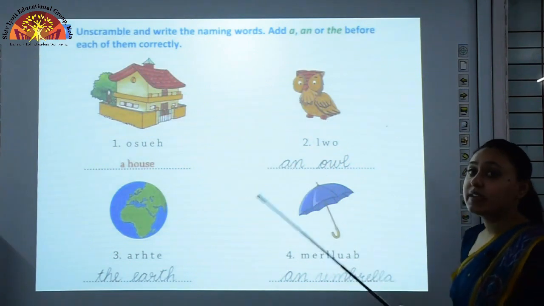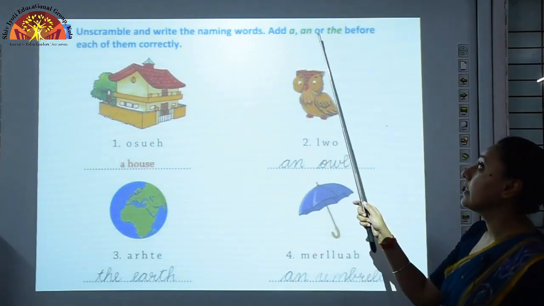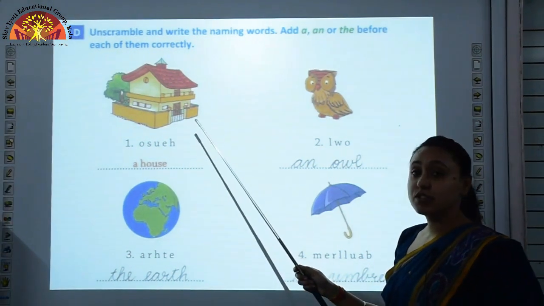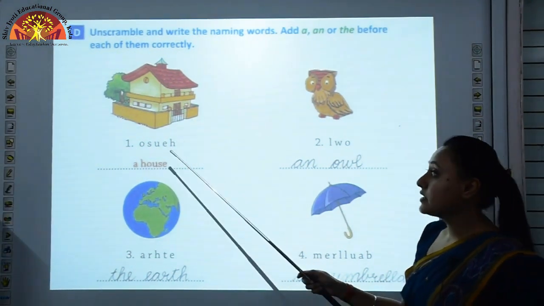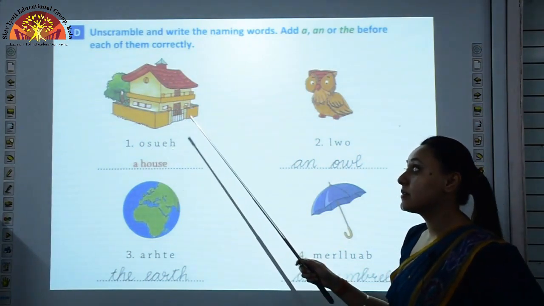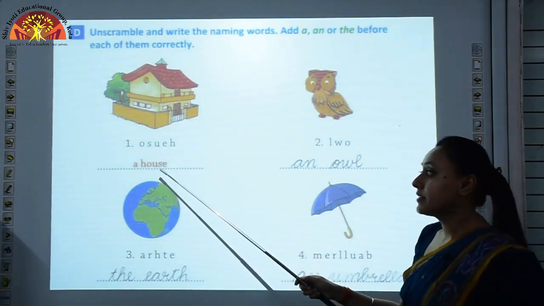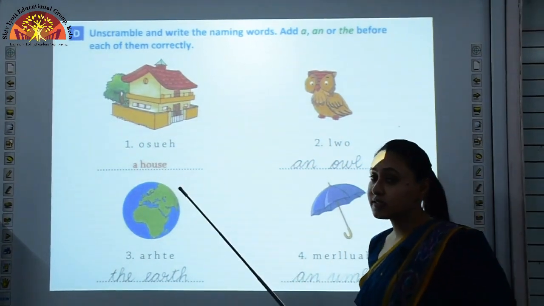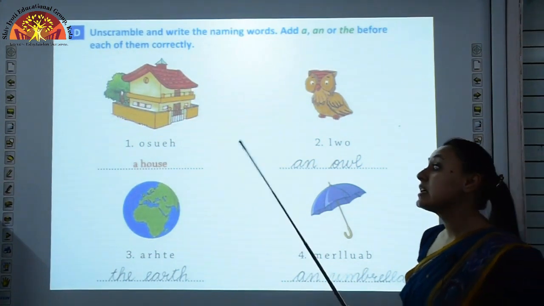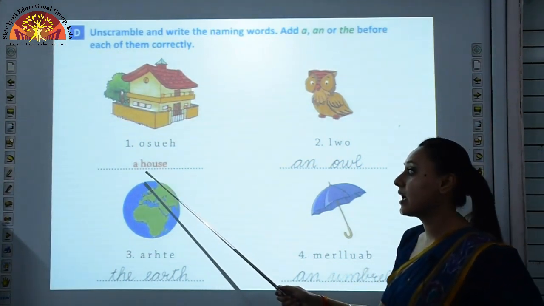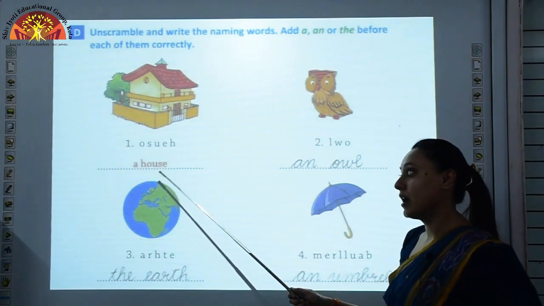Now look, this is the picture of a house. Letters given to you are O, S, U, E, H. So this becomes house. We will write house here and we will check whether it is a consonant sound word or a vowel sound word. So house is a consonant sound word, so we will add a here.